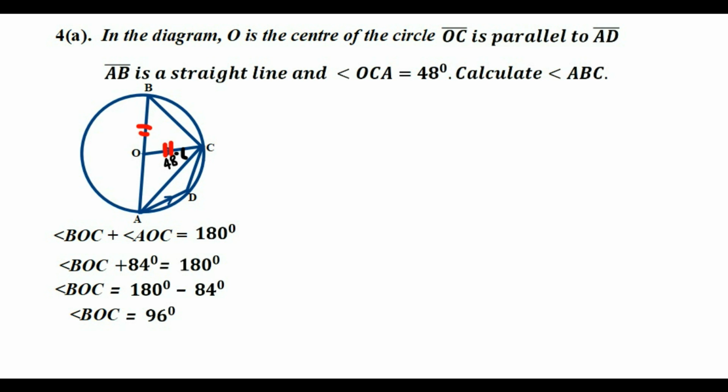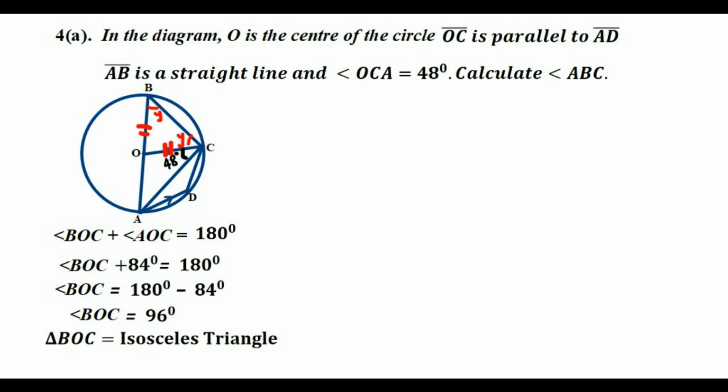It looks like an isosceles triangle, and that means triangle BOC is an isosceles triangle. And so, being an isosceles triangle, this angle and this angle are equal. Now, if this angle is y, this angle also will be y, because they are equal. They are equal because they are opposite angles in an isosceles triangle.